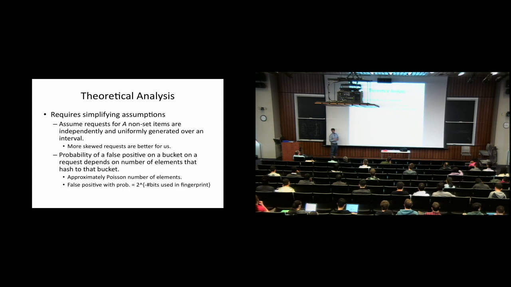If the results are skewed, we actually do better. And we can figure out the probability of a false positive by doing an analysis of the distribution of the number of elements that hash to that bucket. We use the fact that that's approximately Poisson, and then use that to figure out the false positive probability per bucket, and then overall the buckets.